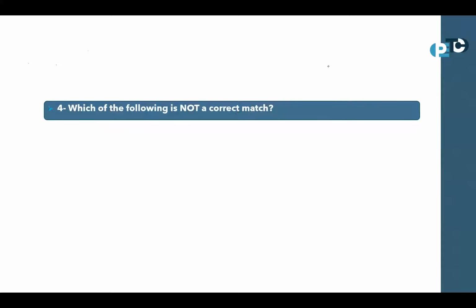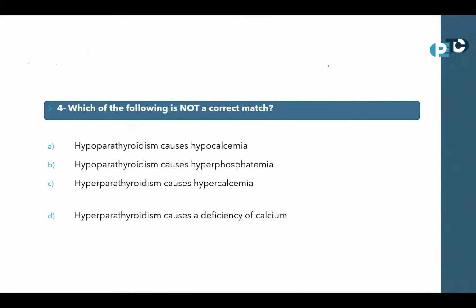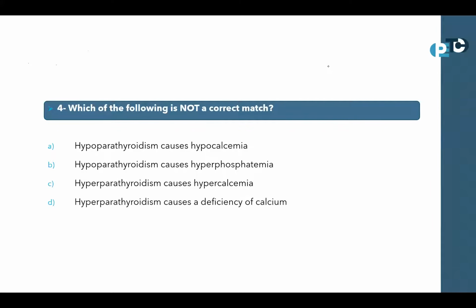Okay, the next one. Which of the following is not a correct match? Here we have some conditions and the cause of them. Is it right or wrong? Let us see each one.